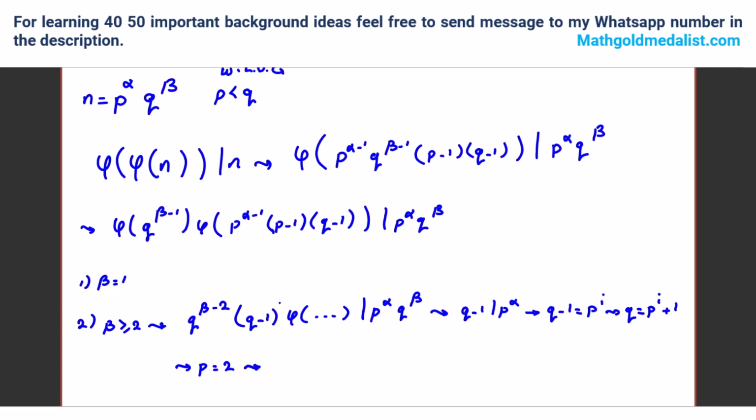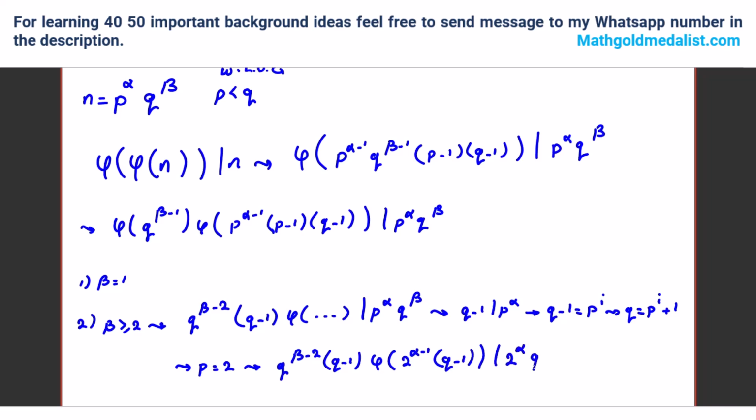Now that P is 2, we can replace, right? We can say, okay, it is phi of 2 to the alpha minus 1, Q to the beta minus 2, right, times Q minus 1, times phi of 2 to the alpha minus 1 times Q minus 1, right?